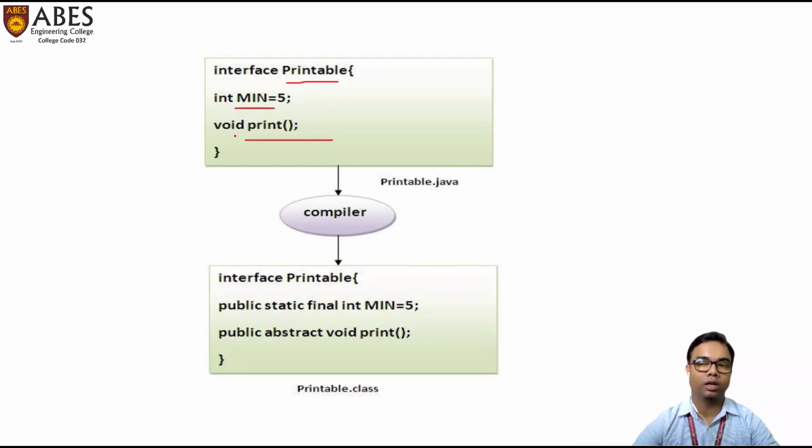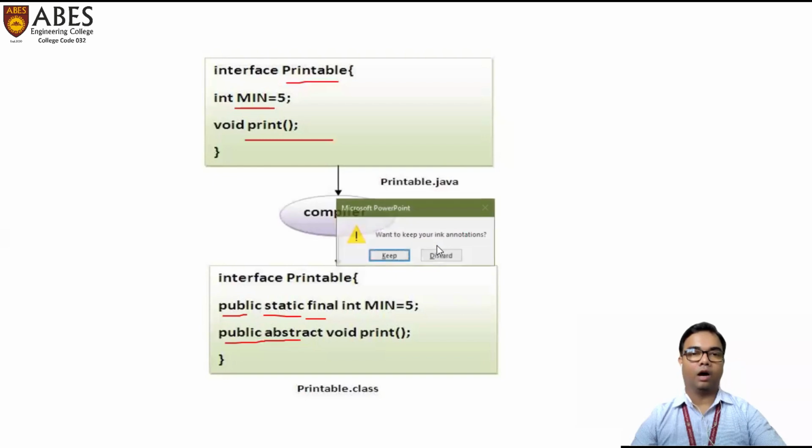So this is basically an abstract method, and this is a variable you have initialized with the value 5. When you compile it, the compiler adds the public, static, and final keywords automatically before this variable. And you have declared this particular method as abstract, so automatically it will add the public and abstract keywords before this method. So this is done automatically.